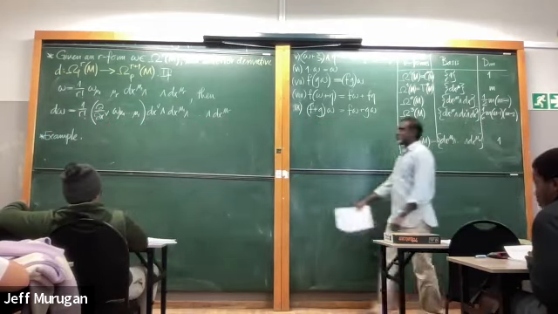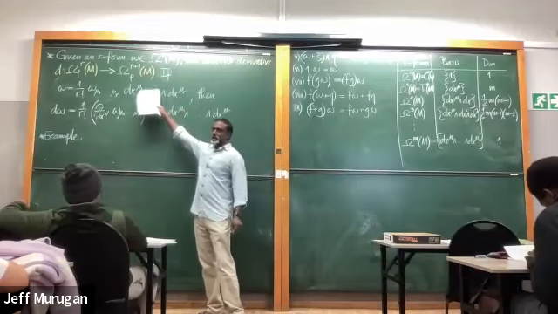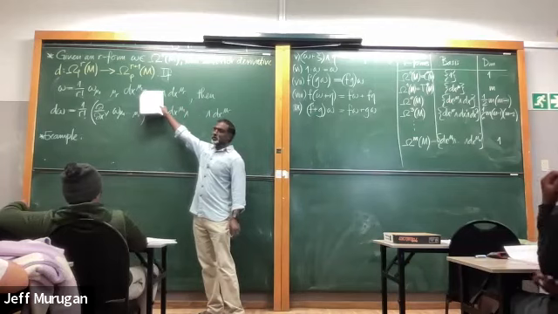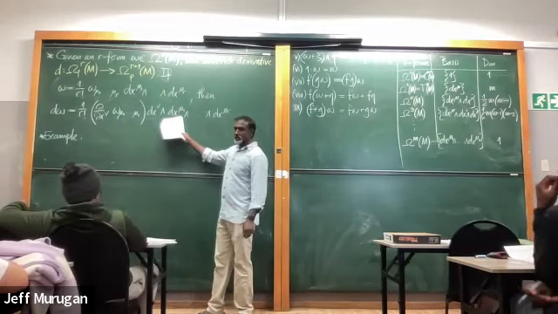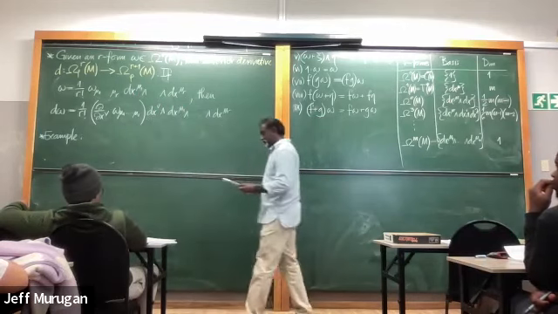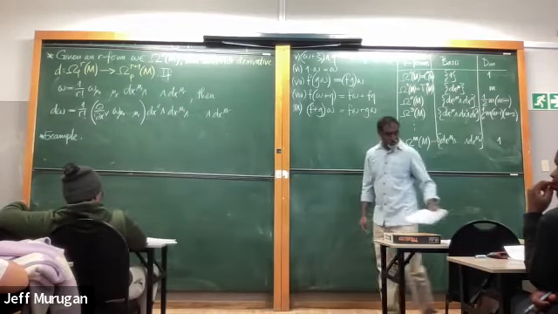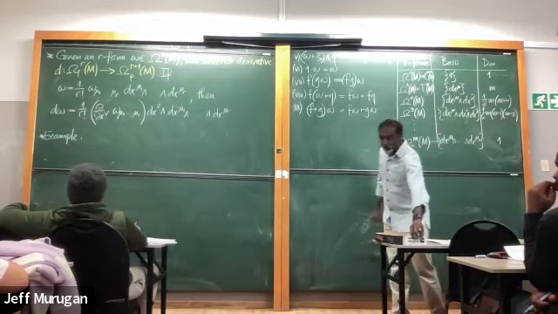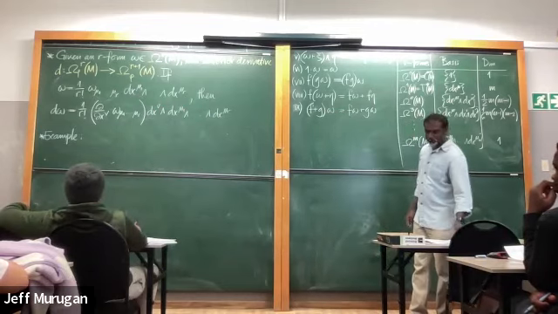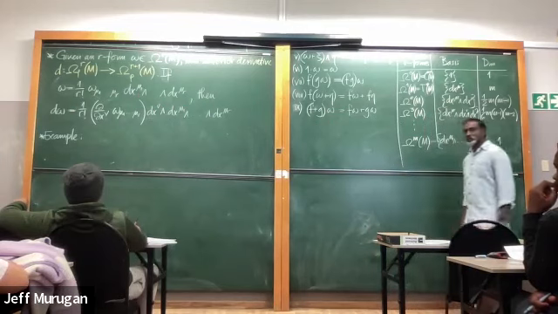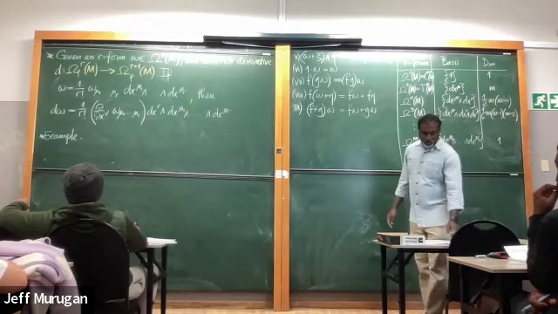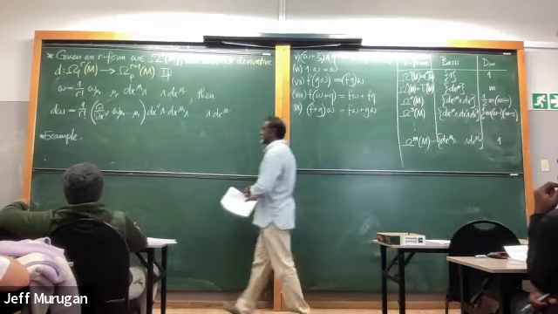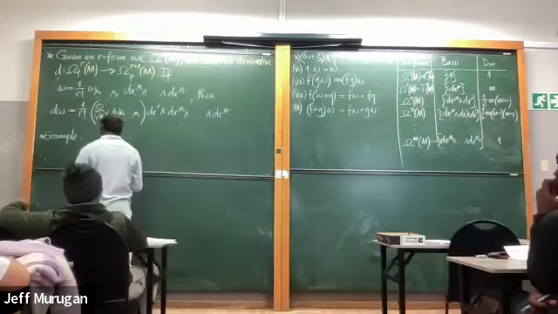I pick some chart, express omega in that chart with these coordinates dx mu and x mu, then take the derivative, and this gives me the exterior derivative. But in fact, everything we can do in differential geometry, we can do in a coordinate independent way. I'll give a coordinate independent definition in terms of the actual maps shortly, but I first want to touch base with things we know already.